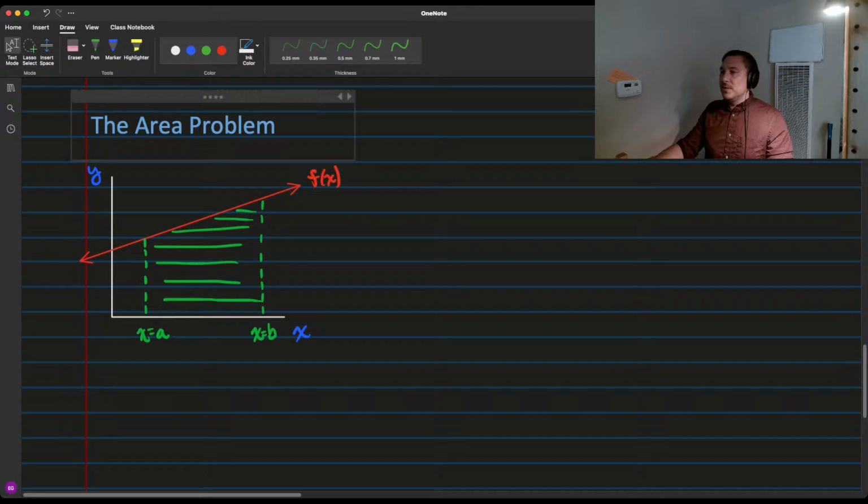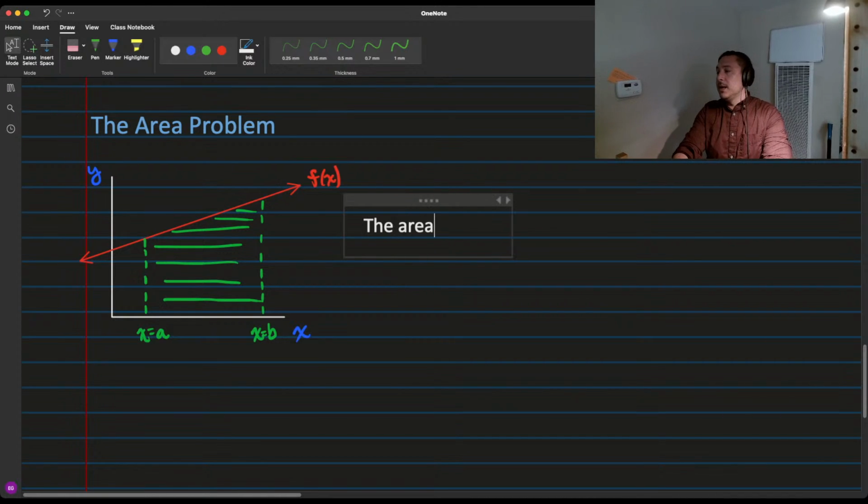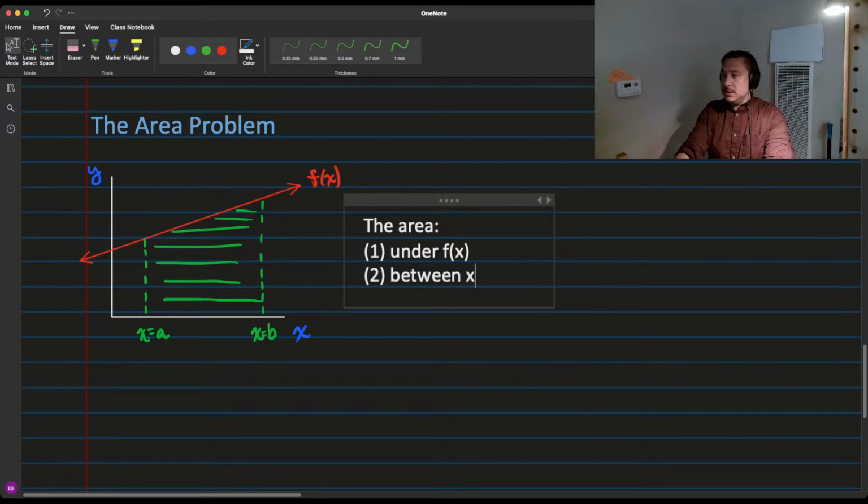Okay, so we have a description of this area. It is the area under f of x, between x equals a and x equals b, and finally above the x-axis.